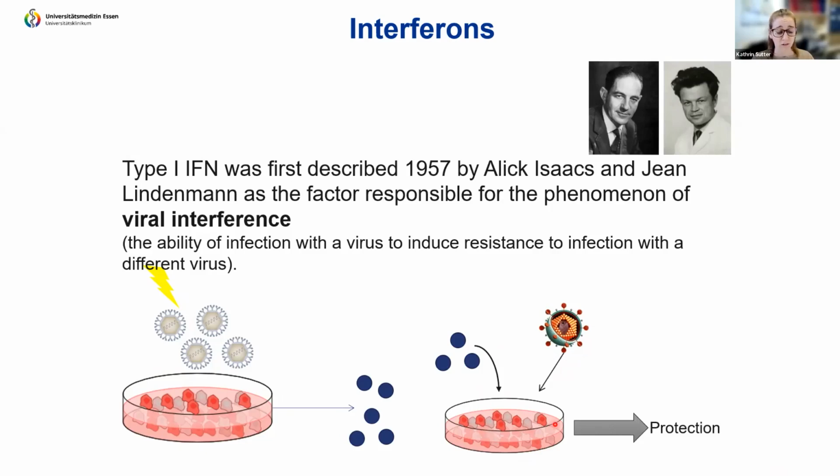They called this phenomenon viral interference, and therefore the name interferon came from. So the heat inactivated virus produced some soluble molecule which could be transferred to new cells and transferred this protection.